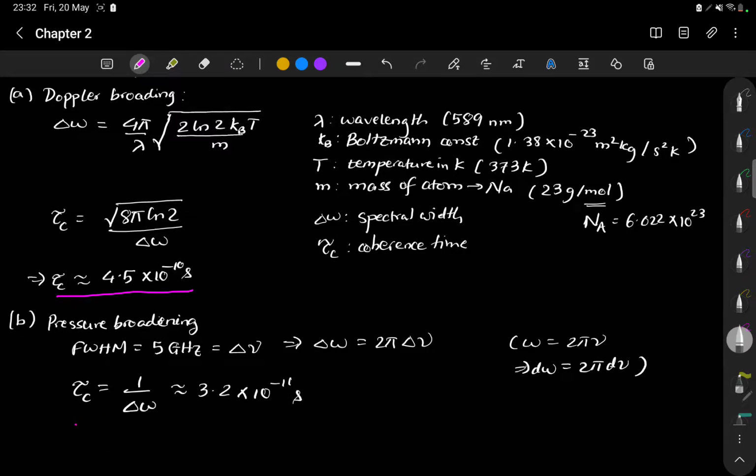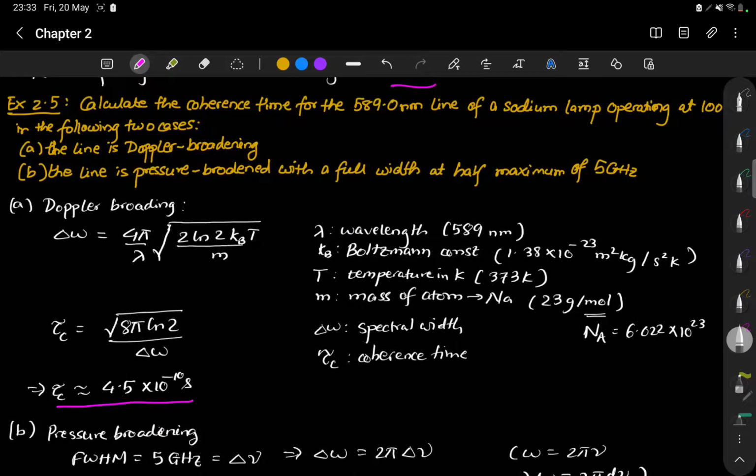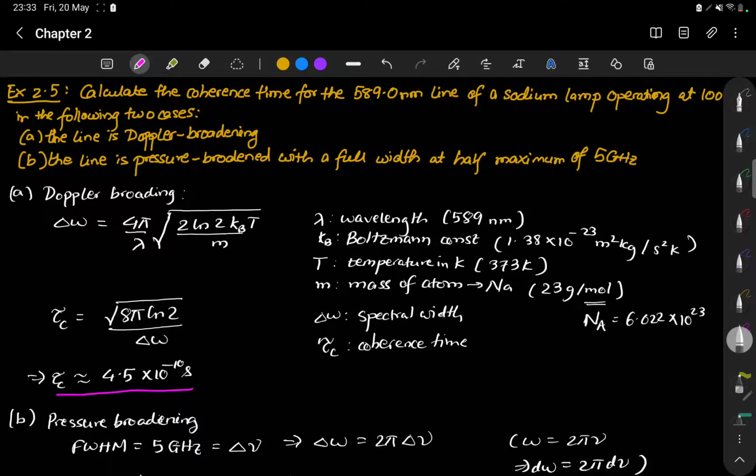So this is the coherence time for the pressure broadening case. This solves the question. It was for finding the coherence time of one line of the sodium vapor lamp, and for two different cases we calculated it. The first one was for the Doppler broadening case and the second one for the pressure broadening case.